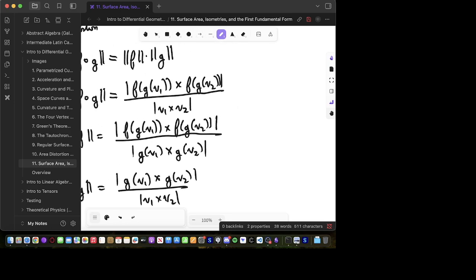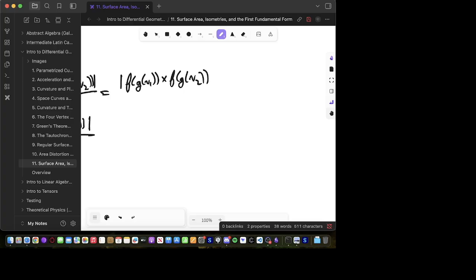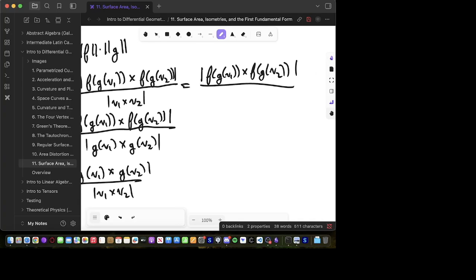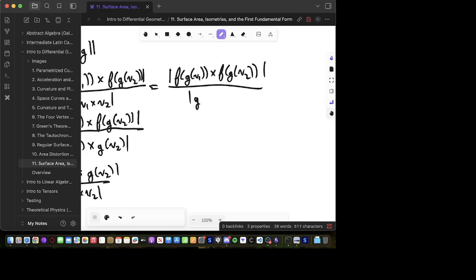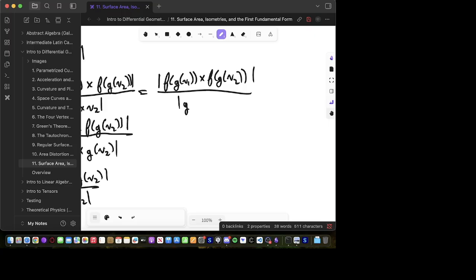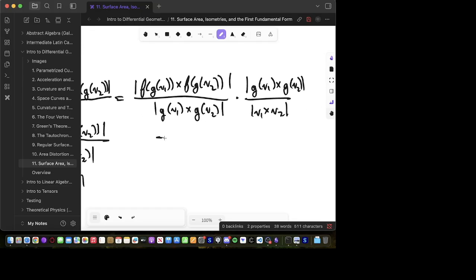Therefore, if we multiply both the numerator and denominator up here by the magnitude of g of v1 times g of v2, and then do the same thing here, and of course, don't forget v1 times v2, this is going to be equal to the area distortion of F times the area distortion of G. So that sort of thing is proven.